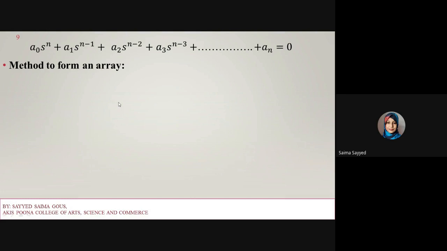To find out stability by using the Routh Hurwitz criteria, first we have to find out the array.